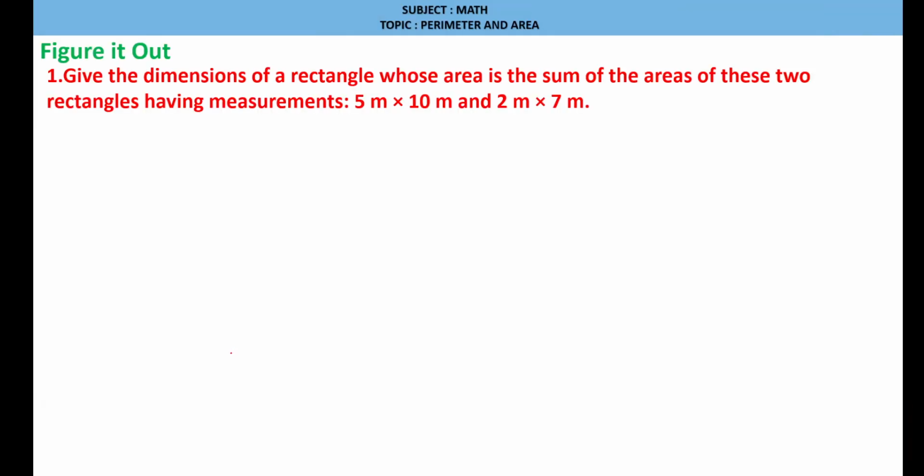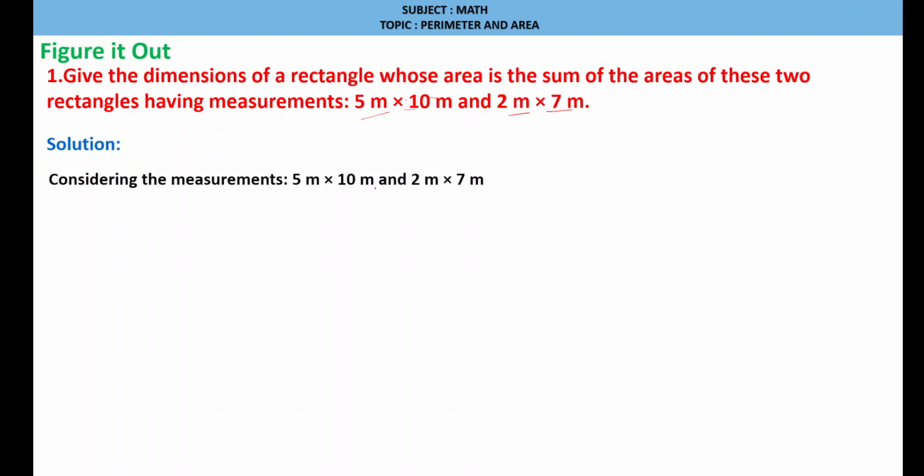Let us see, figure it out. Question number 1. Find the dimensions of a rectangle whose area is the sum of the areas of these two rectangles having the measurements 5 meter by 10 meter and 2 meter by 7 meter. So these are the two rectangles.